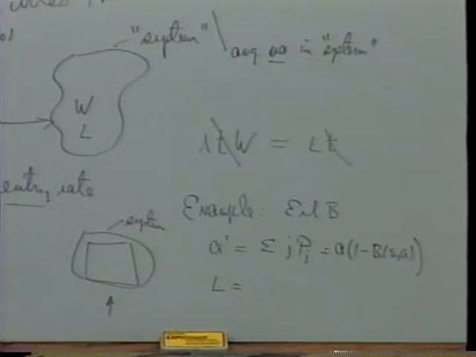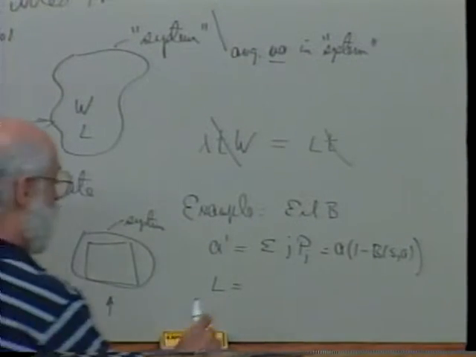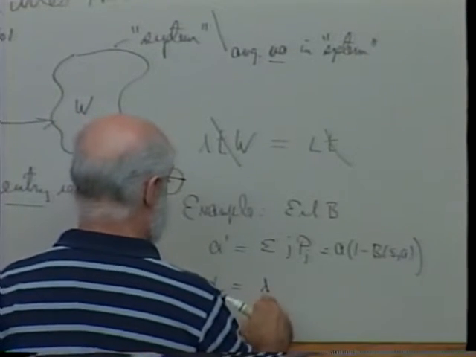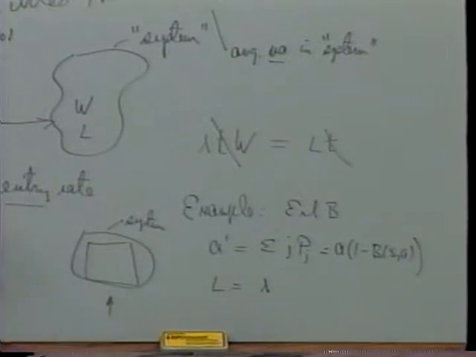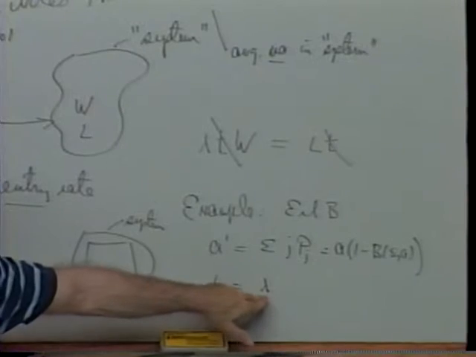Now according to Little's theorem, the way I would calculate L would be I would take the entry rate and multiply that by the average time spent in the system. What's the entry rate? Well, in our notation, the customers arrived at rate lambda. So that lambda is not the same as that lambda. So this is the rate at which they arrived.